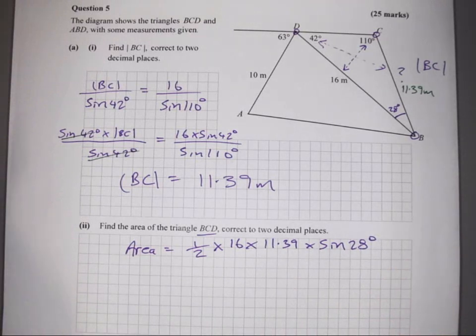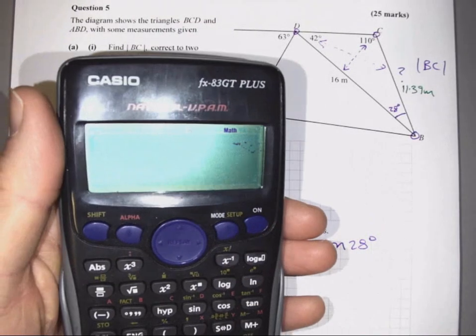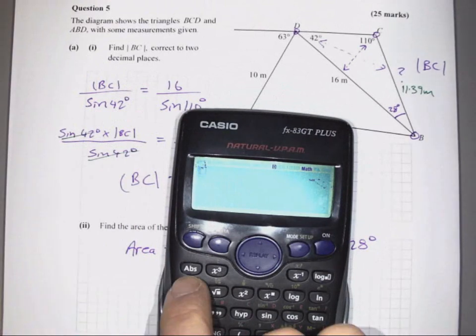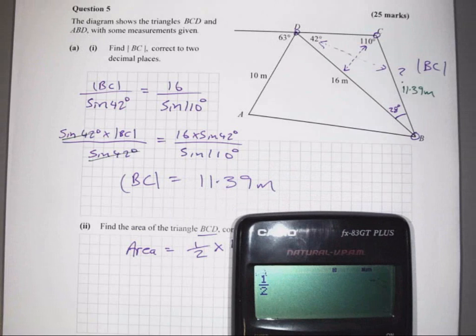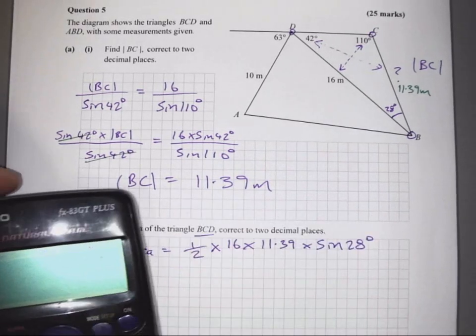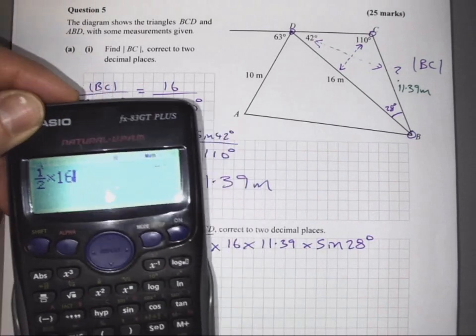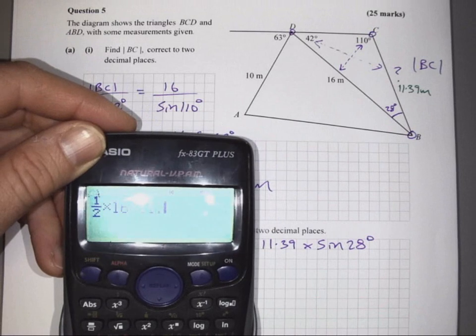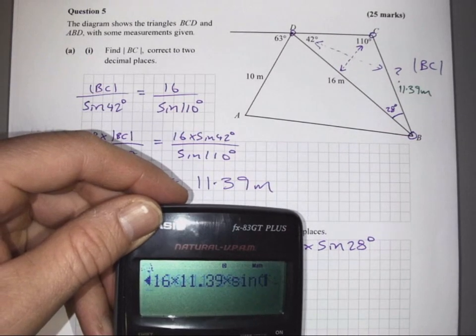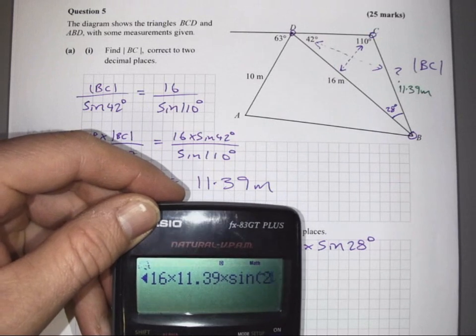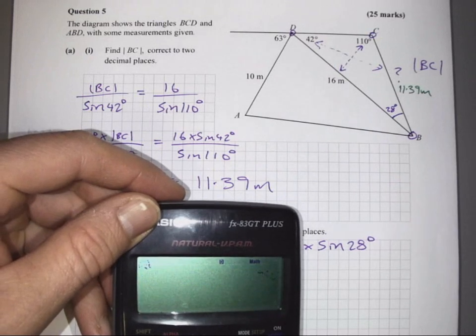So we'll put those into the calculator. We have 1/2 times 16 times 11.39, so that's our two sides, times sine 28, close the bracket and press equals.